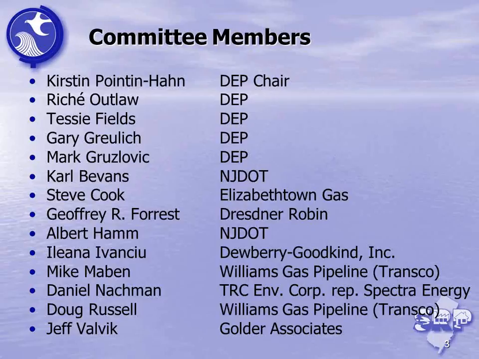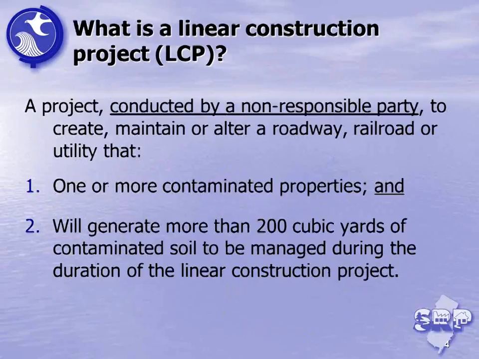Okay, let's see. Next slide. I want to take a few moments to talk about what linear construction projects are and what kind of situations they commonly run into. Before I get to the definition that's in the rules, I want to describe linear construction projects.